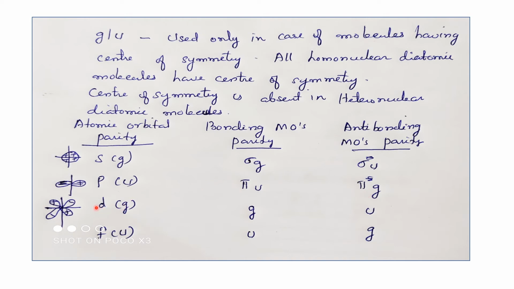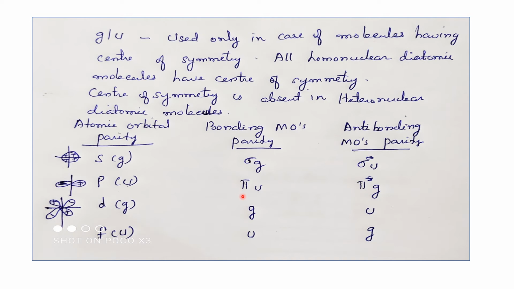Consider the case of the d orbital. The shape of the d orbital is like this. That is, this is a dxy orbital. On moving from this point in the clockwise direction to this point, the sign of the wave function doesn't change. That is, it represents gerade.